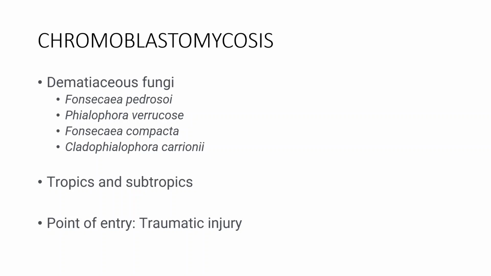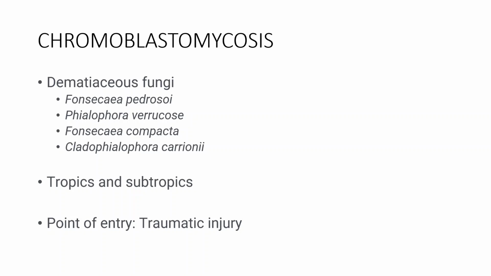Dematiaceous means pigmented. These organisms have melanin pigment in them, which is what renders them the brown color. Some of the organisms associated with this condition are Fonsecaea pedrosoi, Phialophora verrucosa, Fonsecaea compacta, etc. And Fonsecaea pedrosoi is one of the most common causes of chromoblastomycosis in our country.